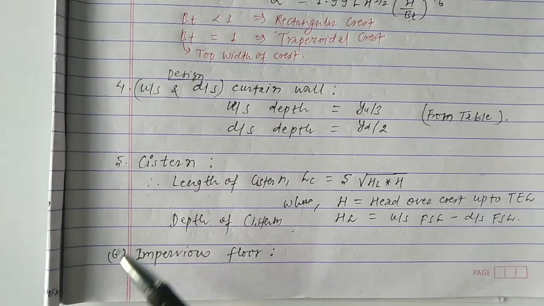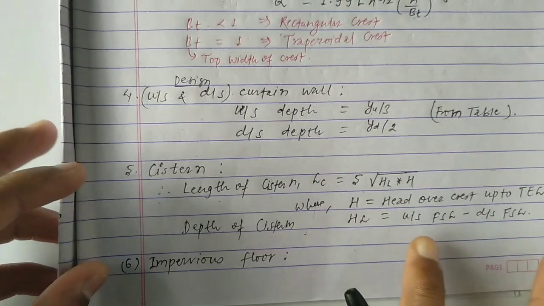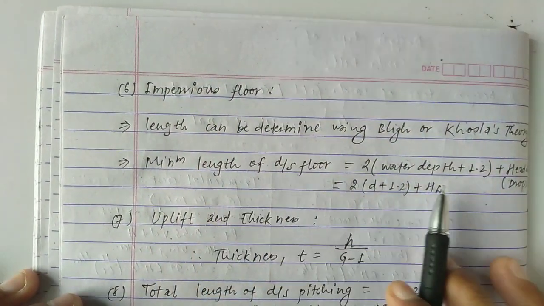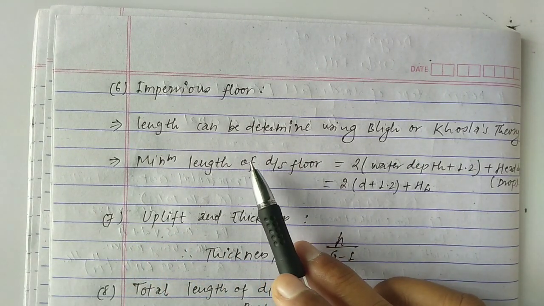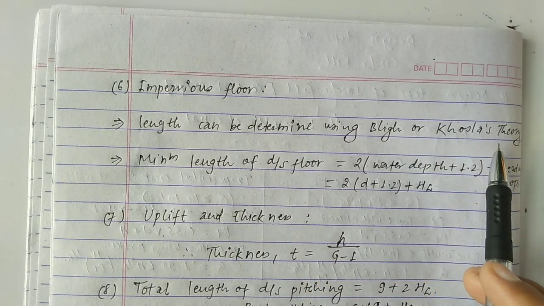And in the next step, this is the sixth step, we have to calculate the impervious floor, that is the thickness of floor. In this impervious floor we have to determine the length of the impervious floor, and this can be determined using Bligh's or Khosla's theory.